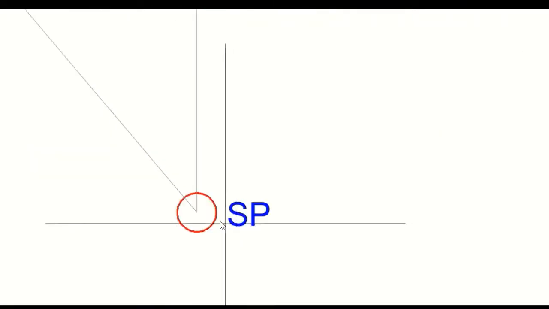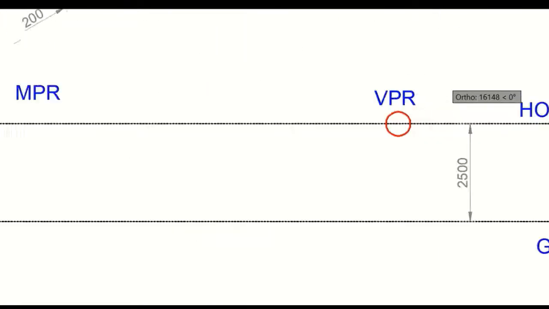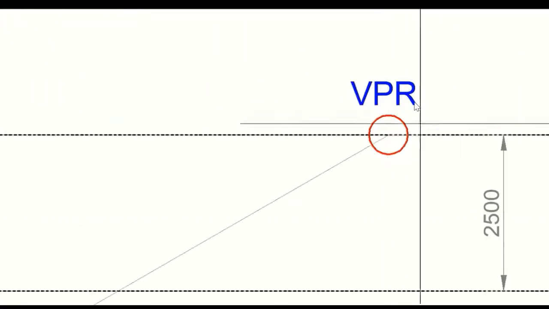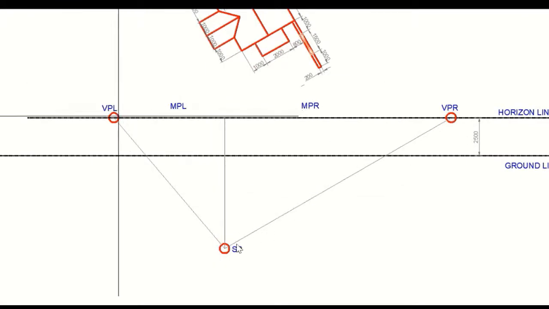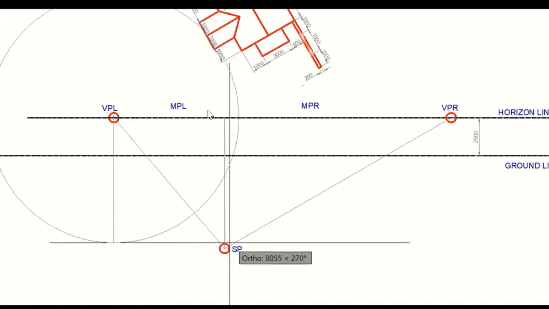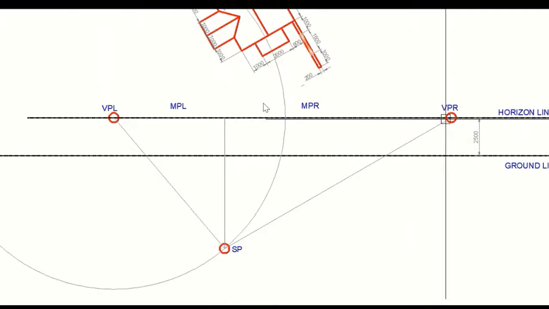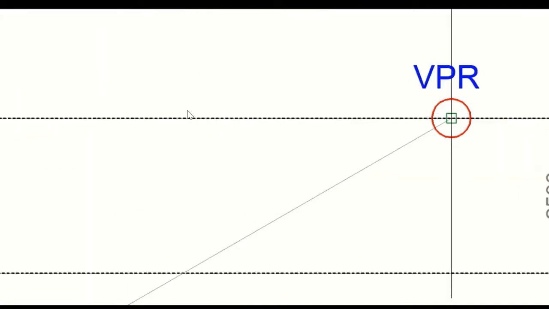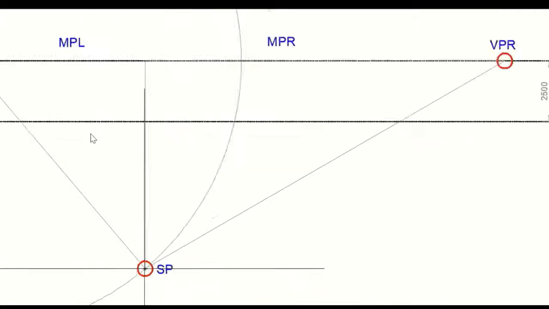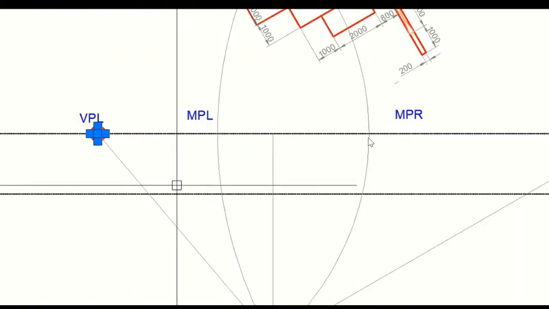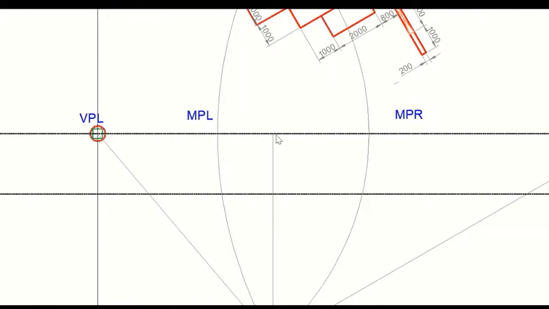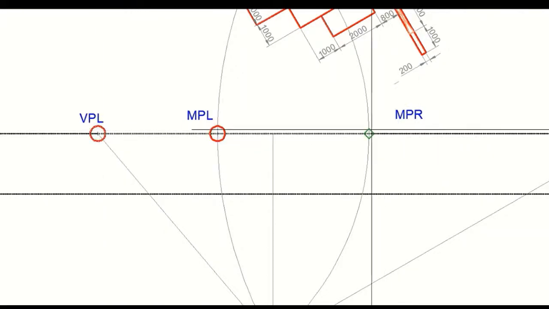Then again, from the station point to this vanishing point, and taking the vanishing point as the center and the distance from the vanishing point to the station point as radius, we will mark the measuring points. This is measuring point right and measuring point left. Wherever it cuts the horizon line, these are the points. We get two points as the measuring points.